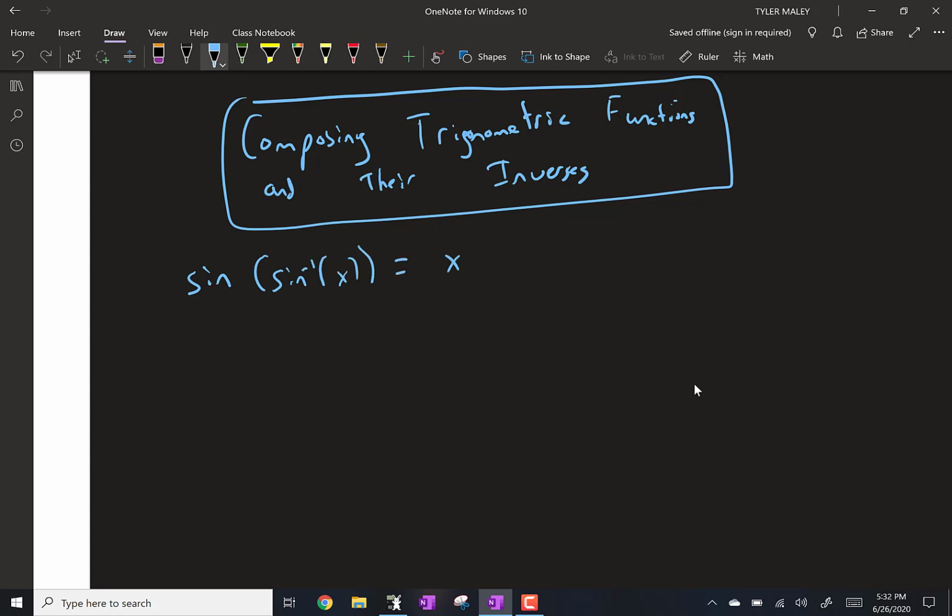This is just equal to x, right? The trick is x has to be between -1 and 1. Similarly, inverse sine of sine x is equal to x for x between negative pi over 2 and pi over 2.